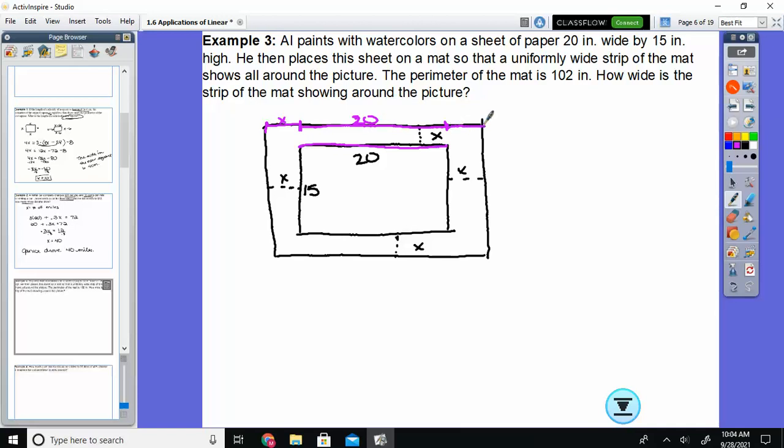And then from here to here, it's X. So altogether, how far is it across this paper? 2x plus 20. I'm looking this way. From here to here is how far? X. From here down to here, it is 15, and then from here to the edge is X. So how far is that? 2x plus 15.